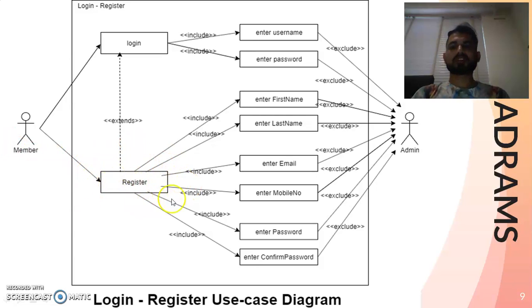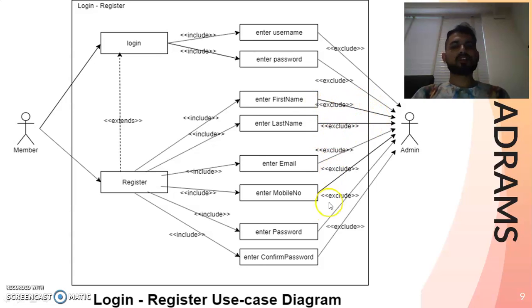While registering, they have to enter first name, last name, email, mobile number, password and confirm password. This is important because if they mistype a password, they can type the confirm password again. If they match, then they will be registered.